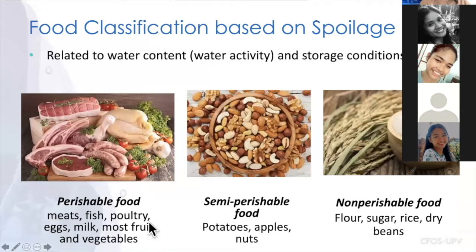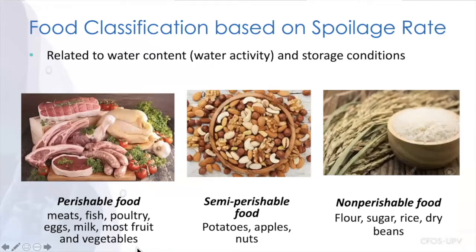Food are classified into perishable, semi-perishable, and non-perishable. So what do you think are the characteristics or attributes of the food that made them classified under these categories?